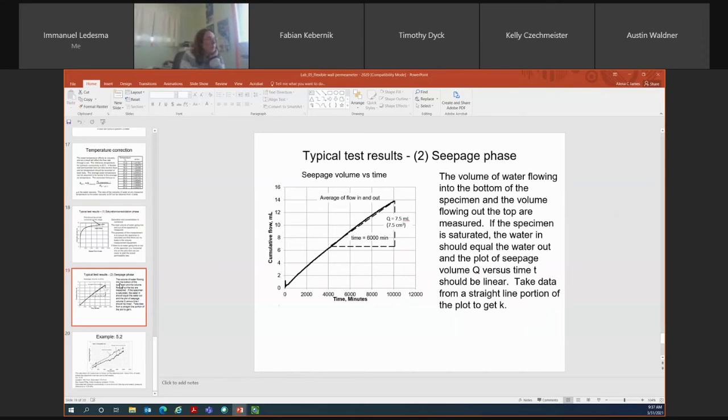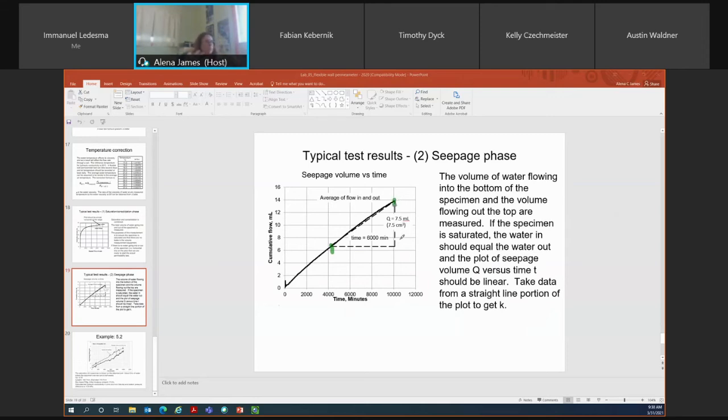The way that we use this seepage data is we're concerned with determining what the Q value is over a certain period of time. It's easiest to do this over a linear, or straight, portion of your line. So you'll see in this example problem, I have about 4,200-ish here, and about 10,200 here.